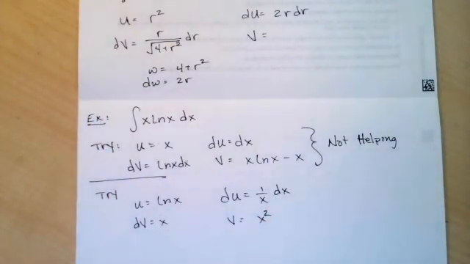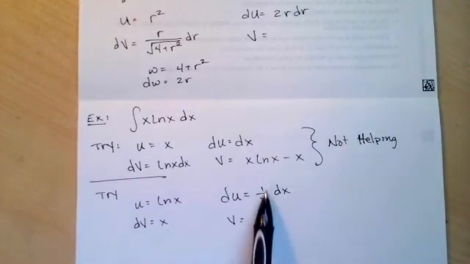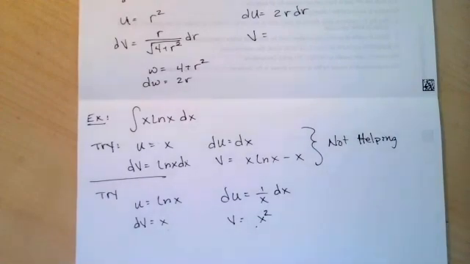Now what's going to happen when we plug it into our formula? Our u times v is easy enough to multiply, and then what goes underneath the new integrand is going to be v du. And nicely enough, when we multiply v and du, even though we have an x in the denominator, we multiply it with 2 powers of x in the numerator. They divide out and give us a nice polynomial to complete that last integrand.